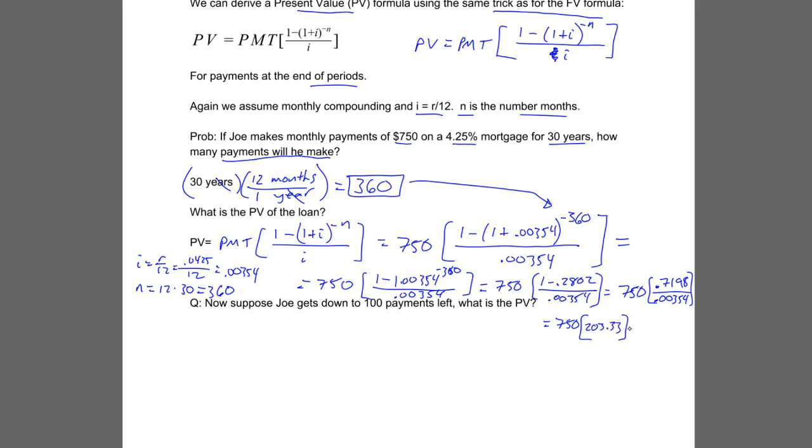And multiply those two. So 203.33 times 750 is $152,497.50.